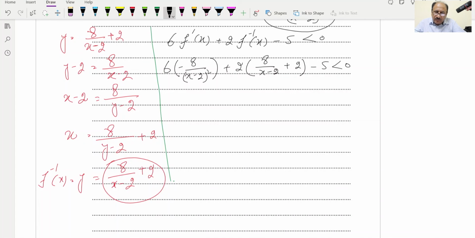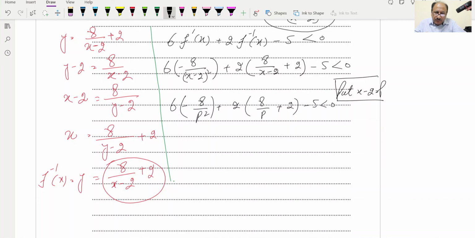Further, to simplify this, we can put x minus 2 equal to p, and we can write 6 into minus 8 over p squared, plus 2 into 8 over p plus 2, and minus 5 is less than 0.